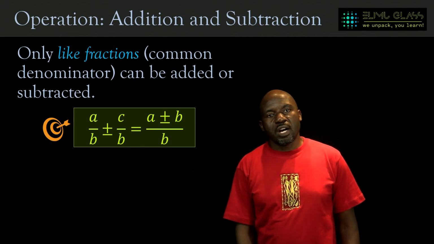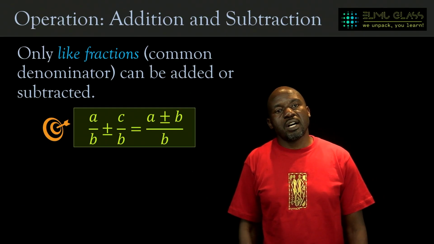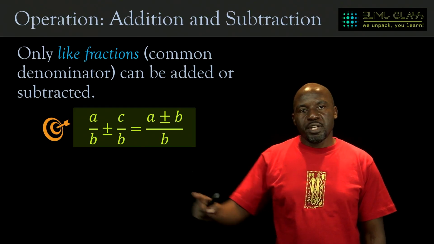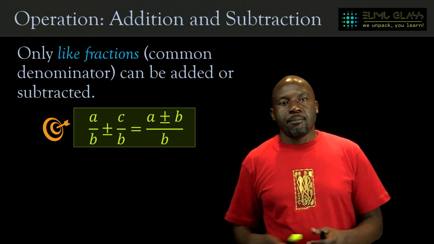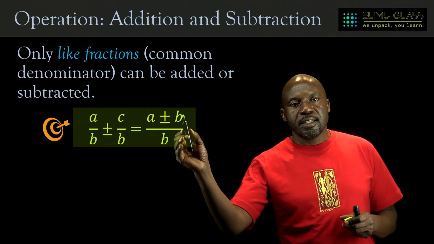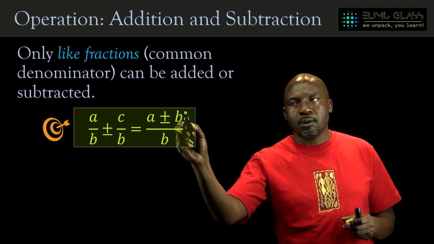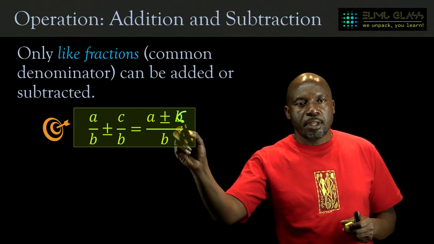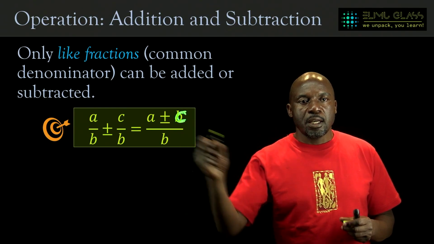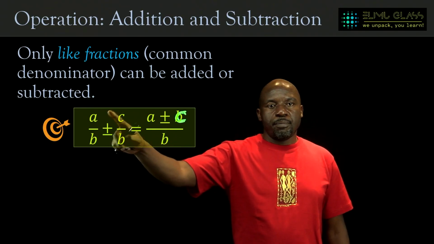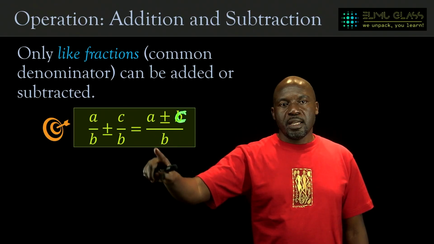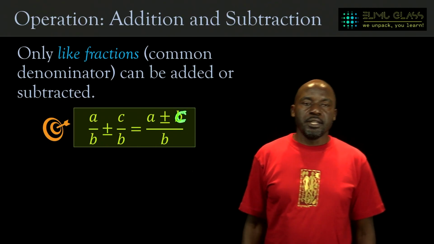So it is A plus or minus C. This is supposed to be C here, sorry. So A plus or minus C divided by that common denominator there.